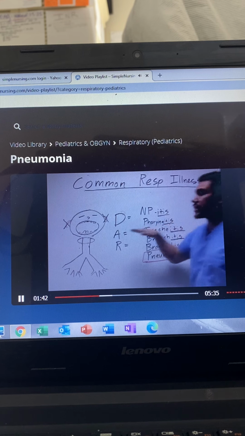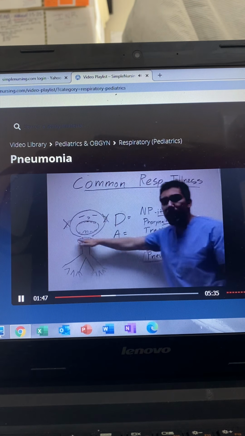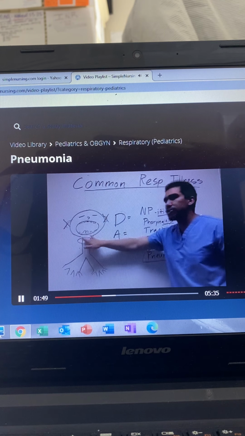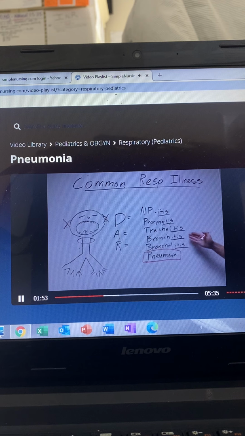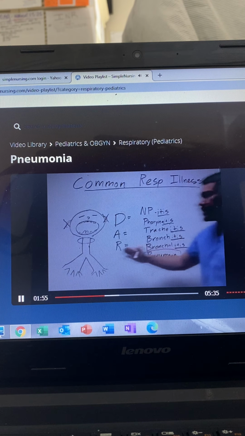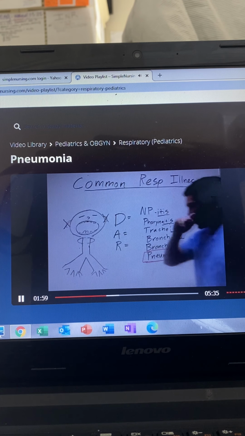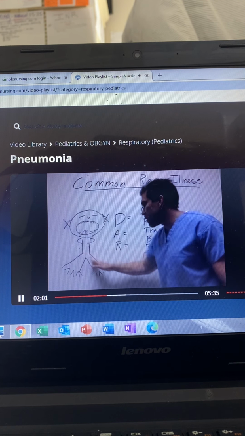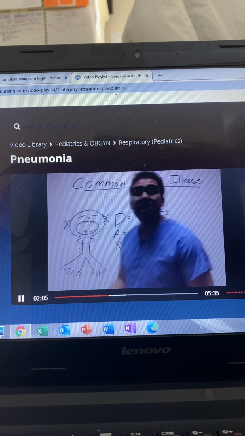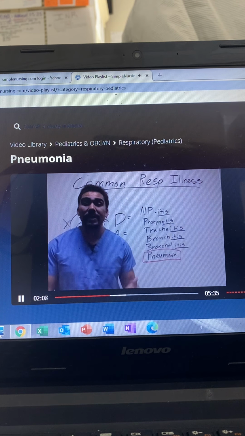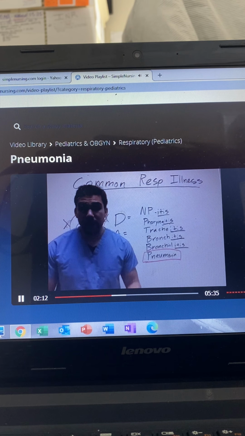For your pharyngeal cavity, you can have pharyngitis. For your trachea, you can have tracheitis. For your bronchi, you can have bronchitis. For your bronchioles, you can have bronchiolitis. Right? Does that make sense? You have infections and inflammation happening at all portions of your respiratory tract.